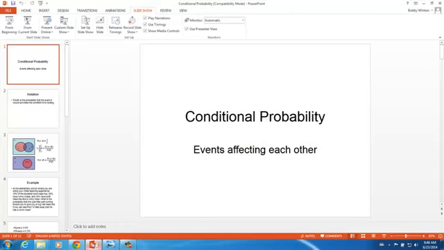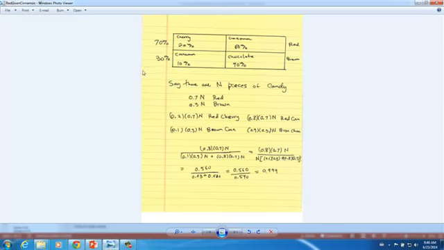Okay, now I promised that we would talk about the cherry candy example. So we have this candy. It comes in cherry, and it comes in cinnamon, it comes in chocolate. 70% of it is red, 30% of it is brown.